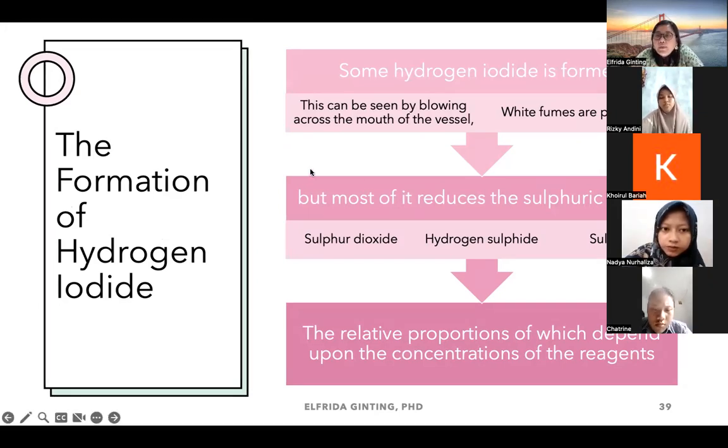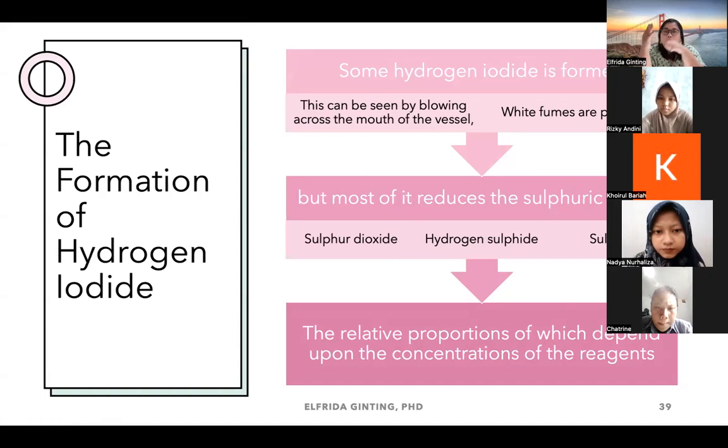And how we can analyze hydrogen iodide is by using a test tube, and then we blow with our breath, and then there will be a white fume produced.